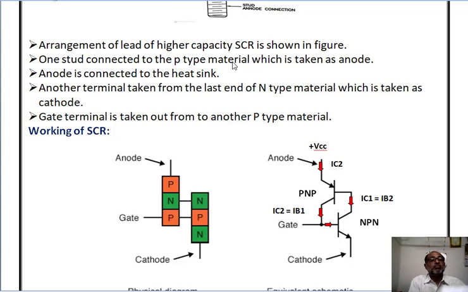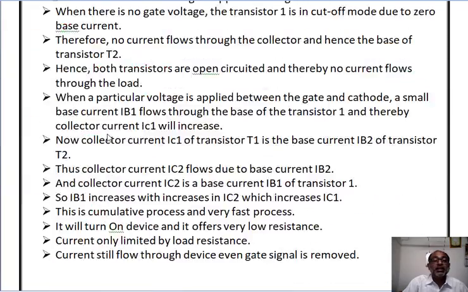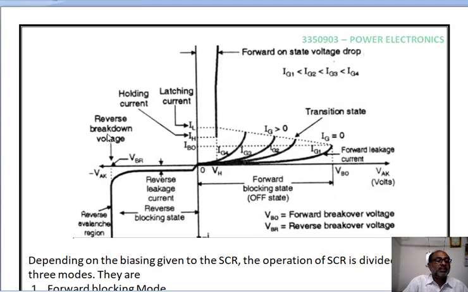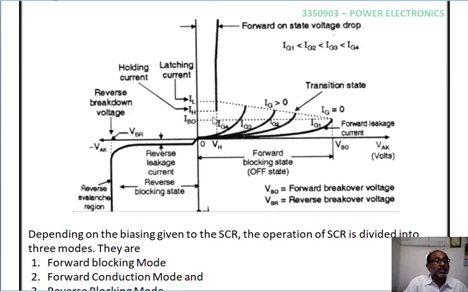The working principle of the SCR can be explained in 2 ways. In the first way, according to the biasing method of the SCR, the operation of the SCR can be divided into three modes.